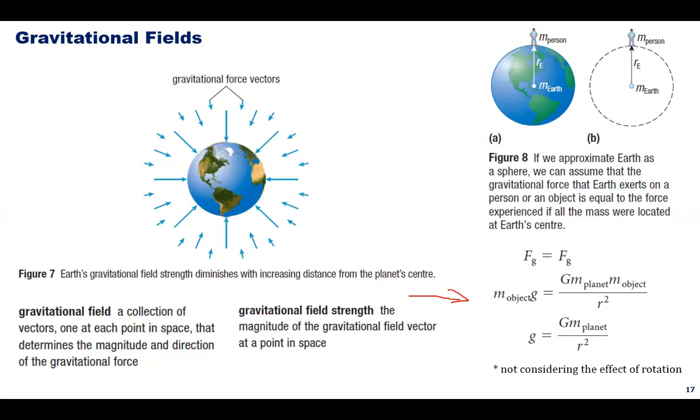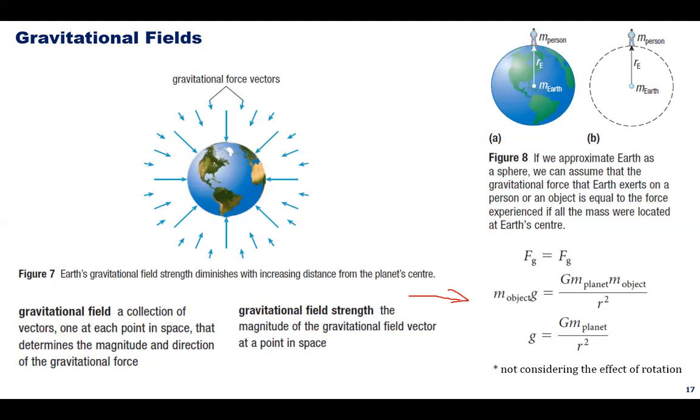So we can apply this formula to other planets and stars by substituting the approximate values for m planet and r. The value of g depends on the mass of the central body, the distance from that body's center, and the gravitational constant, uppercase G. An object's acceleration due to gravity does not depend on its own mass.